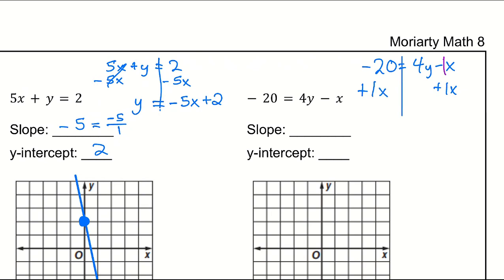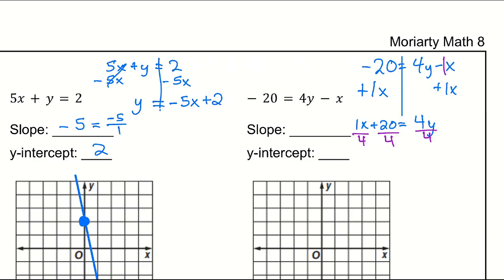All right? Again, you cannot combine those unlike terms of negative 20 and positive 1. So I'm going to write this as 1x plus 20 and set that equal to 4y. Now the y is on a side by itself, but it does have that 4. So I need to divide everything by 4.